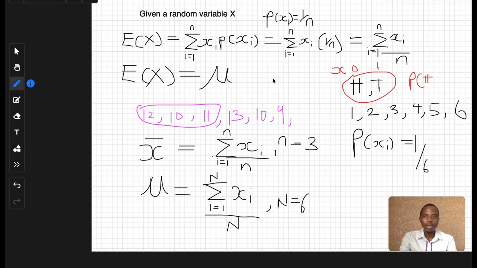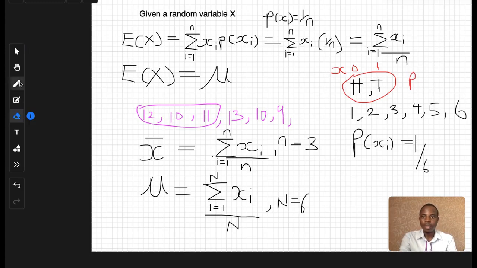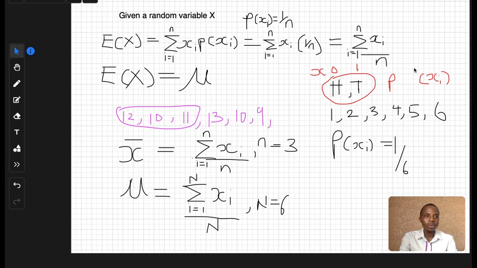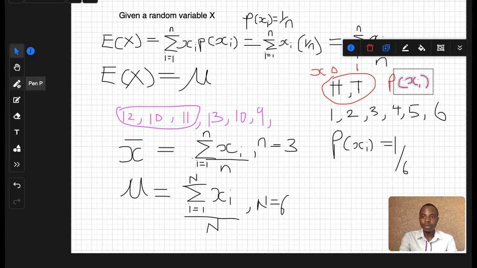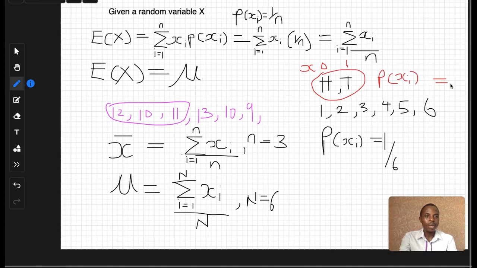So we may just refer to the fact that the probability of xi will be 1 over 2. Whether you have 0 tails or 1 tail, it will be 1 over 2.